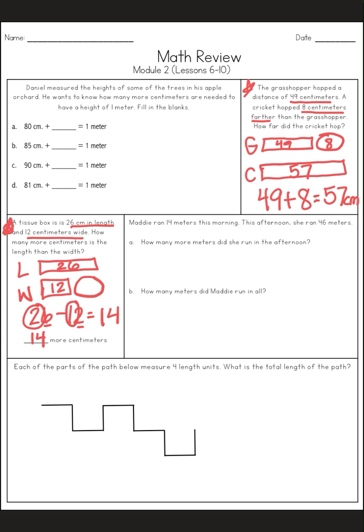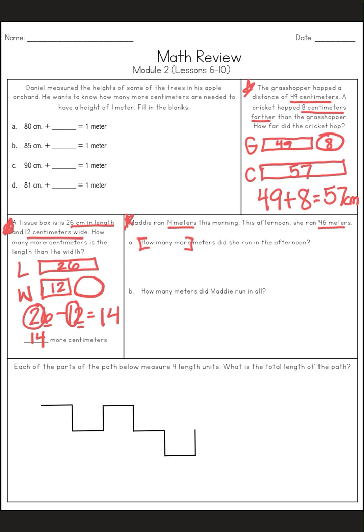So now we're going to move to the problem right next to that one right here. And this will be our last problem. It says Maddie ran 14 meters this morning. This afternoon, she ran 46 meters. My first question asks, how many more meters did she run in the afternoon?